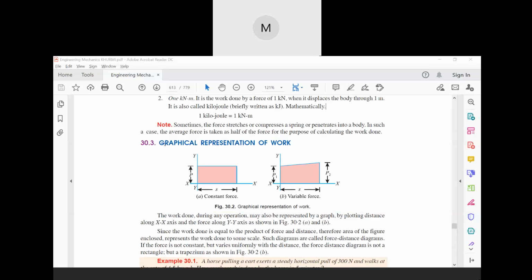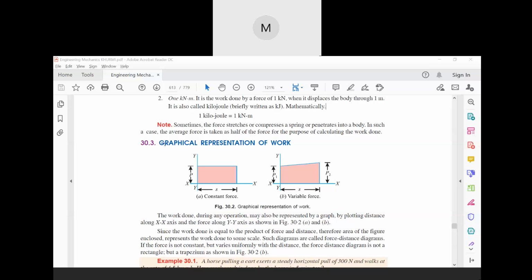So is this clear up to this part? Graphical representation of work. In the second figure, which shape do we use? Trapezium, for variable force.